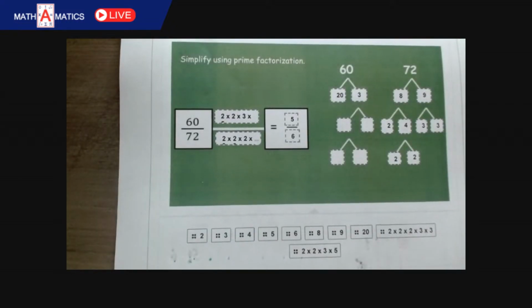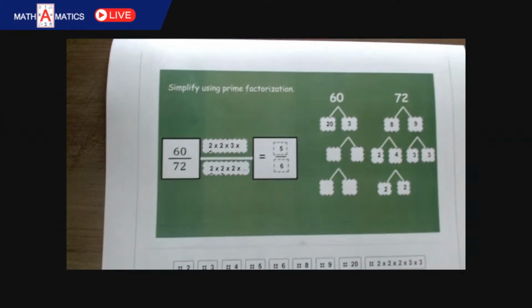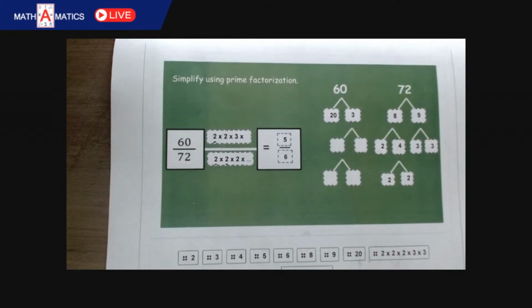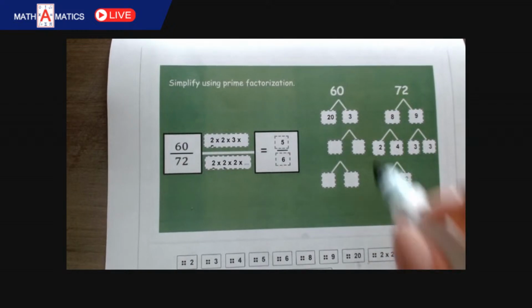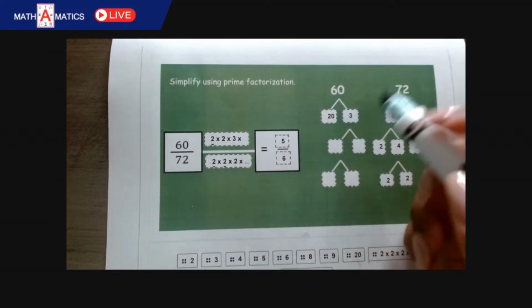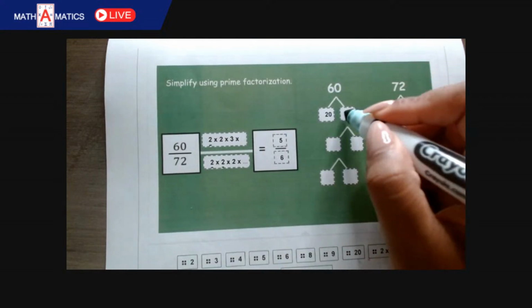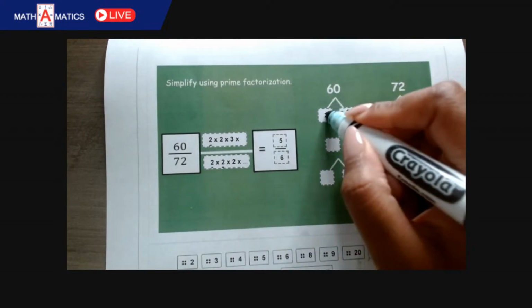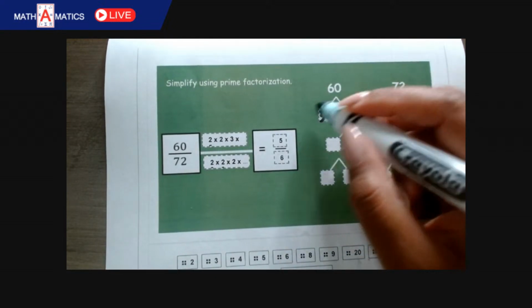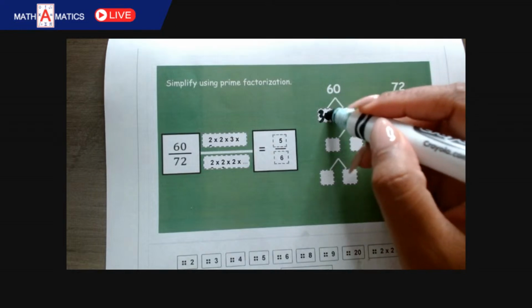All righty. Let's do this one here. All right. So we have 60 over 72. And we have 60, which the student put 20 times 3, which is good. But again, we want to switch the numbers. So we're actually going to put 20 here and we're going to put 3 here because 3 is already prime for us.